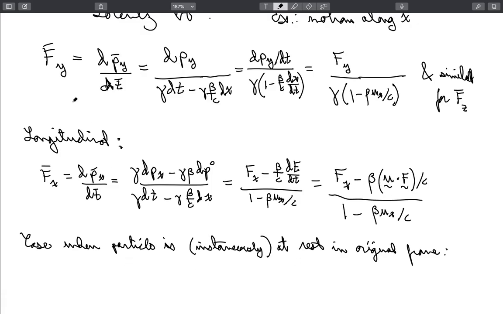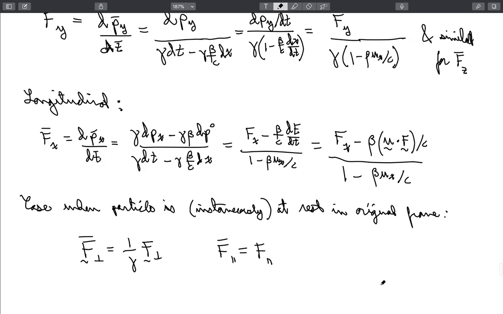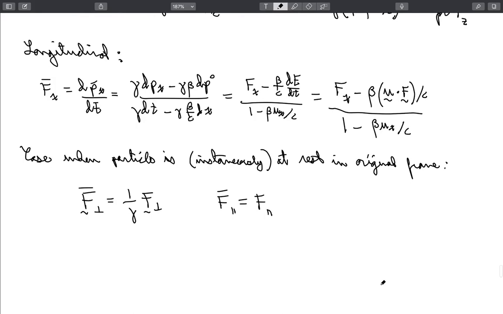So the y and z components would just pick up a 1 over gamma, whereas the longitudinal part would just pick up a factor of 1. So in that case, we could write that the transformed force perpendicular is just 1 over gamma times the perpendicular force in the original frame. These are now vector quantities, and the transformed parallel one is just the previous one. So that's a very simple case. It doesn't work everywhere, but at least for that particular case it works.